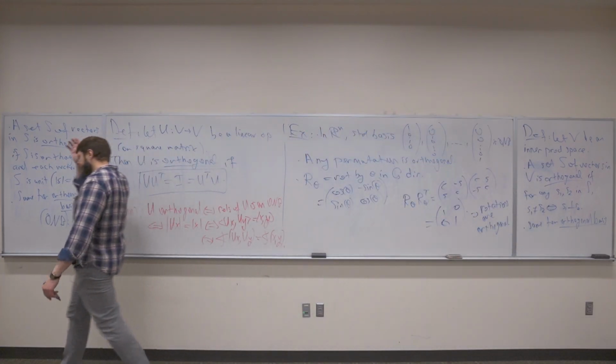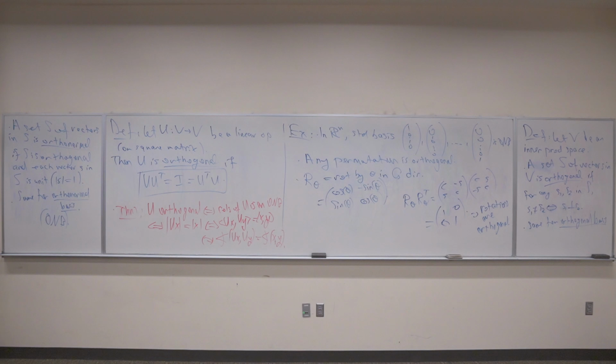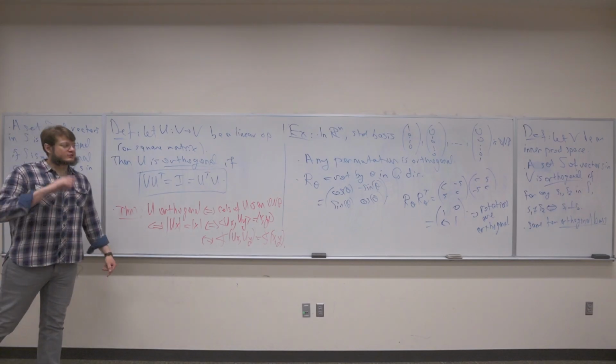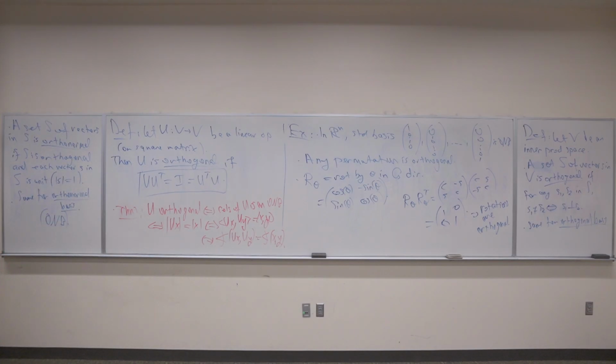A wonderful property is that orthogonal matrices, just like permutations or shears or lower triangulars or diagonals, are closed under multiplication. In other words, they form a matrix group. You can group orthogonals together.